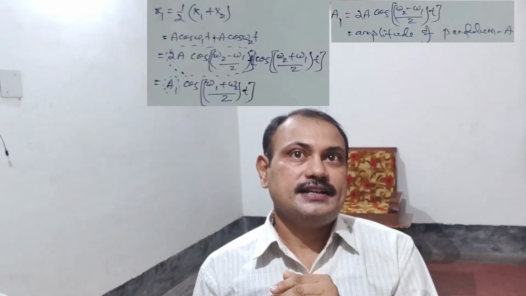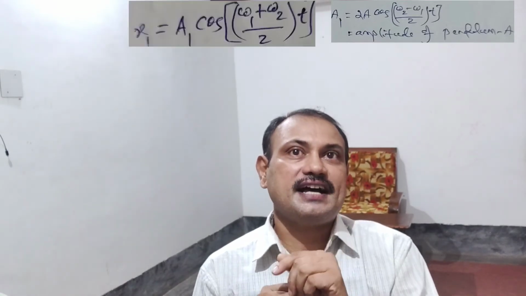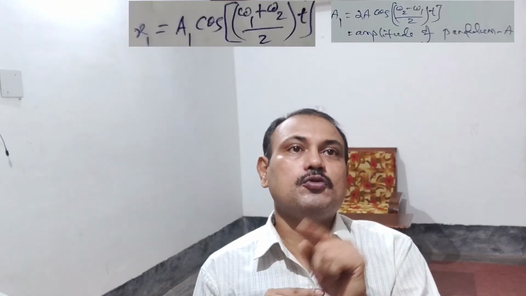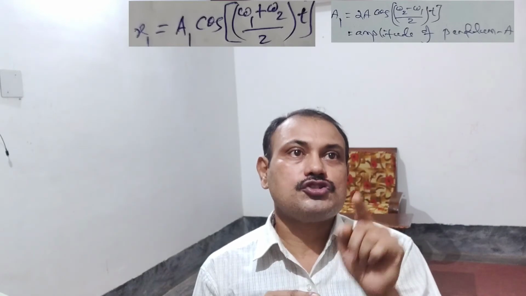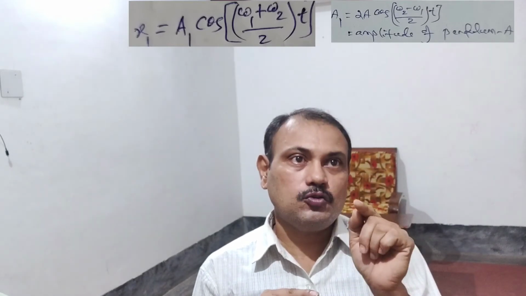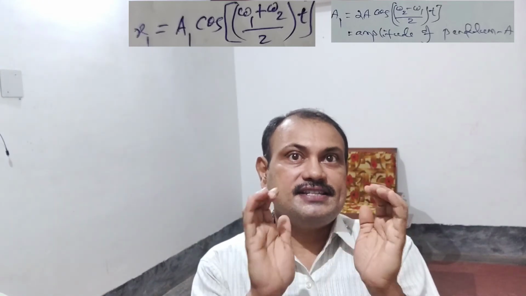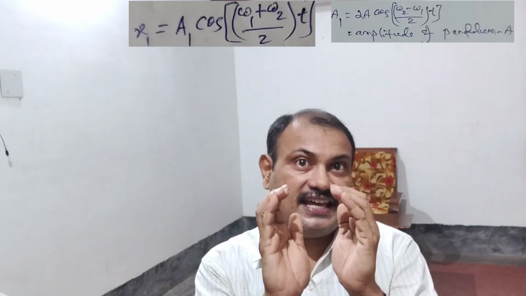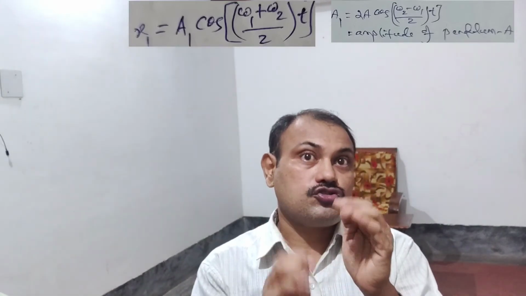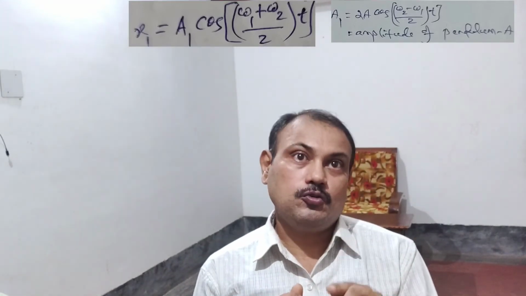So therefore the displacement expression for the first pendulum, small x1, can be written as small x1 equal to capital A1 cos of omega 1 plus omega 2 by 2 into t, where this capital A1 is nothing but twice capital A cos of omega 2 minus omega 1 by 2 into t.